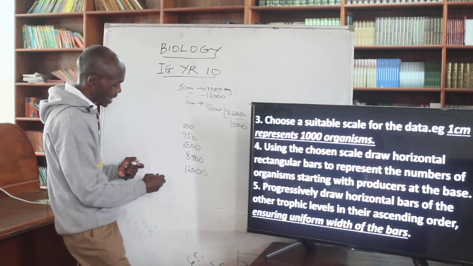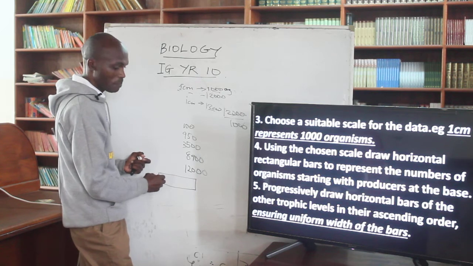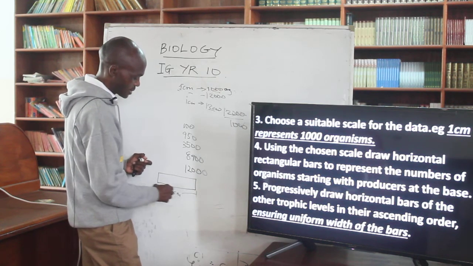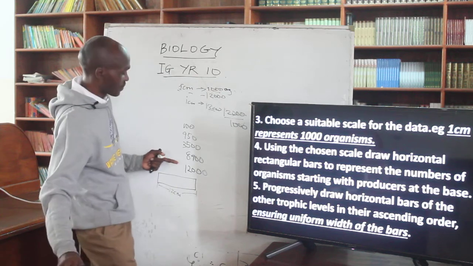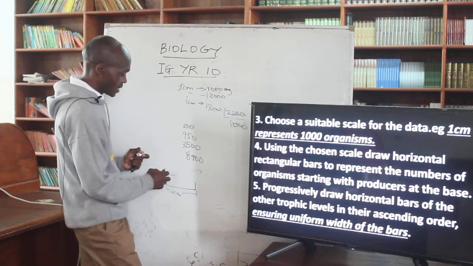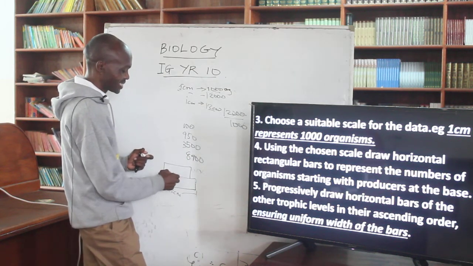You would have to draw a rectangular base with a length equivalent to 12 centimeters. Then you go for the other one, which is 8,900. That would give you 8.9 centimeters.